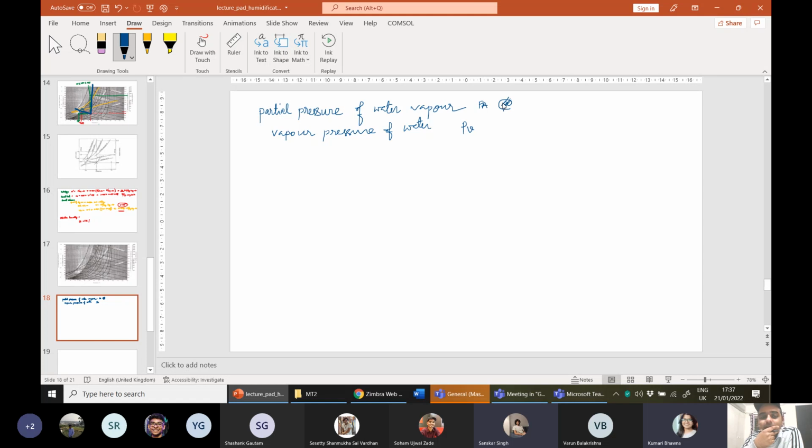Yes, correct. Only one small correction: when you work out this partial pressure, once you get the molar humidity, it's not only multiplying that with the total pressure, you have to divide by 1 plus y. Let me write it out. This will be equal to the total pressure multiplied by the molar humidity.